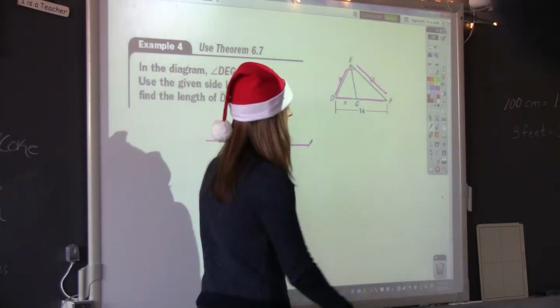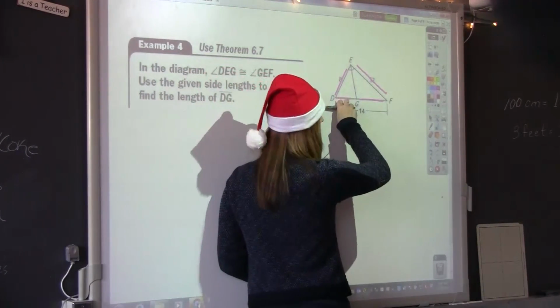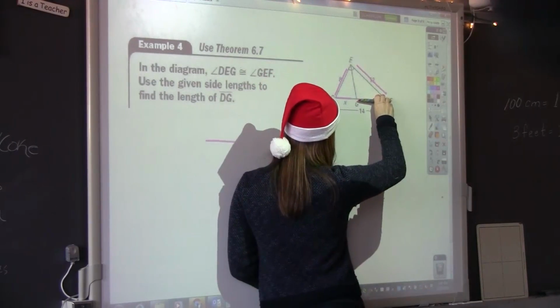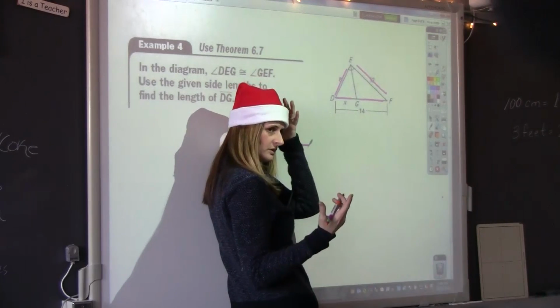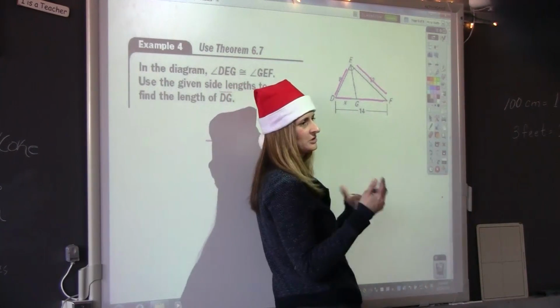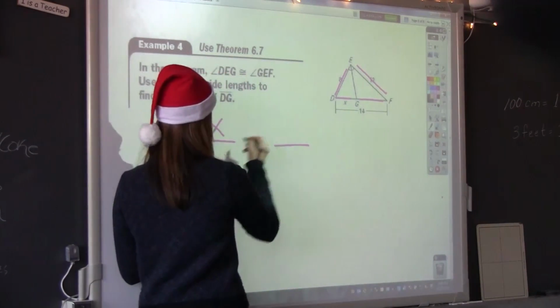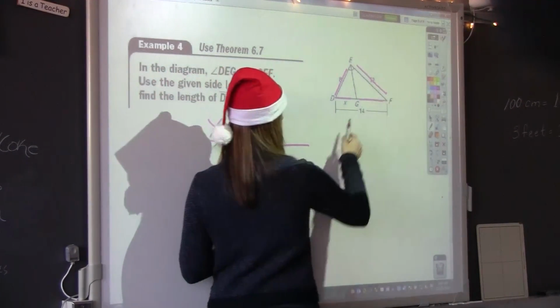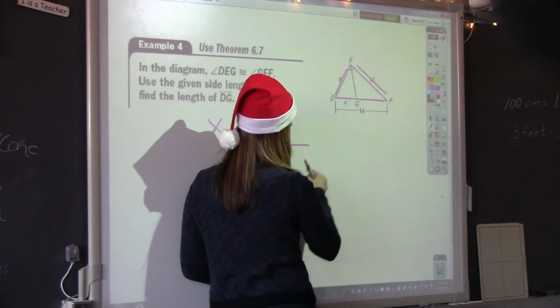Okay, so question. This is X. How do I represent this length? I can't use a different variable, and I don't know what the length is. We're not told. I can't just put GF because then we'd have X and GF. If a transversal cuts it exactly in half, wouldn't it just be 7?